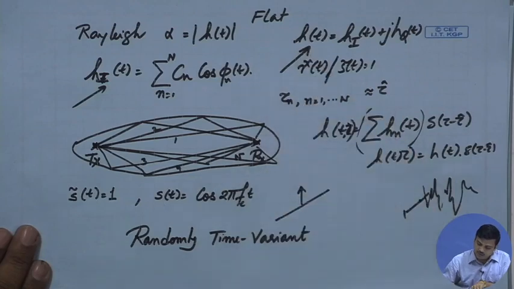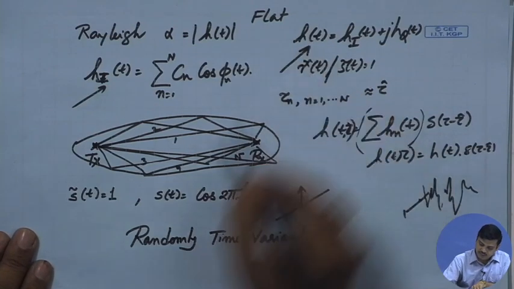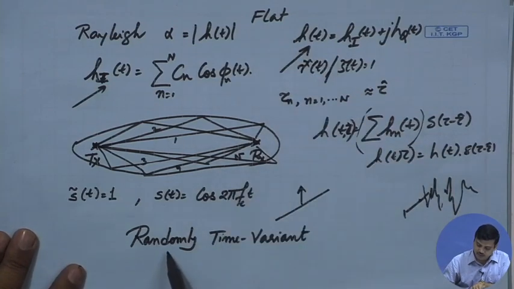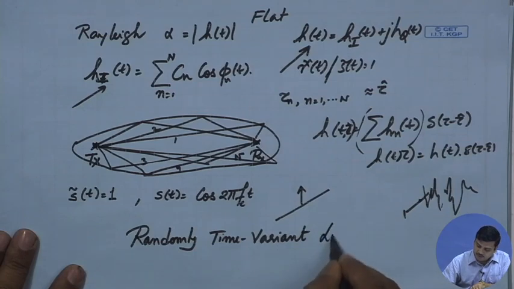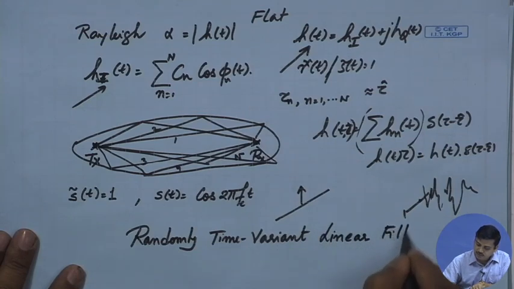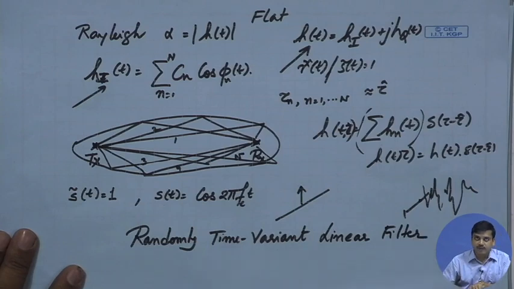When this is Gaussian distributed, we have seen that this random distribution is Gaussian distributed for the special case, and we have also seen that this received signal can be represented as the outcome of a linear filter. So, effectively we have the channel as a randomly time variant linear filter.